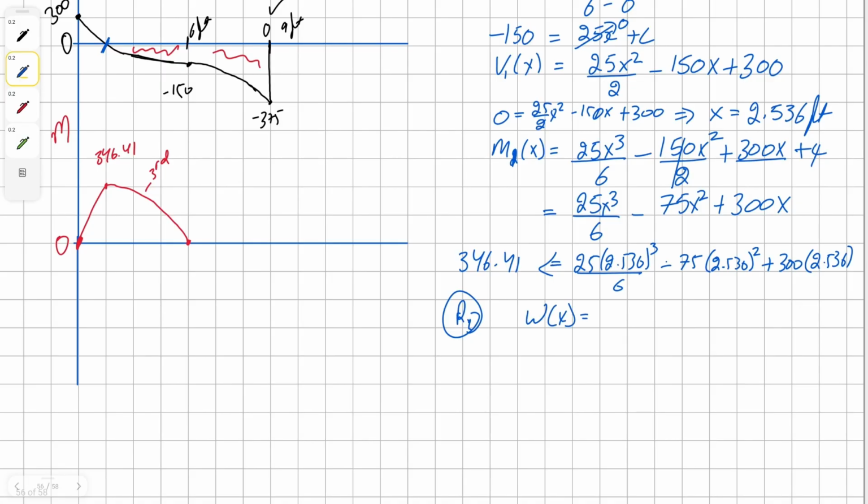we're going to have our load equation first of all. And it's going to be 150 take away 0 divided by 9 take away 6, which is 50x. And then remember, don't forget the constant for the load.